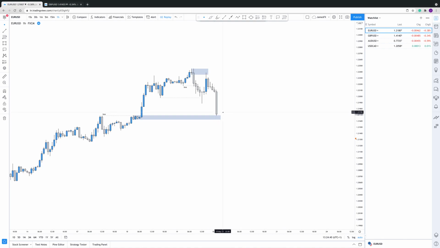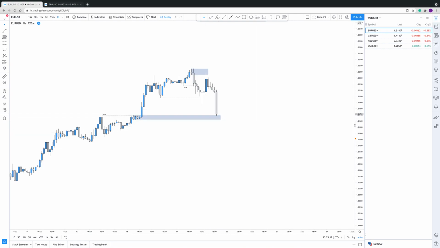So what we could do on a lower time frame is wait for price to slow down, show us that it actually wants to respect this area and actually go long from here to potentially back up to these highs. But if we get another candle, something like this that just completely destroys this demand level, then it hasn't held. So we can just deny it and move on and look for bearish structure and look to get short.